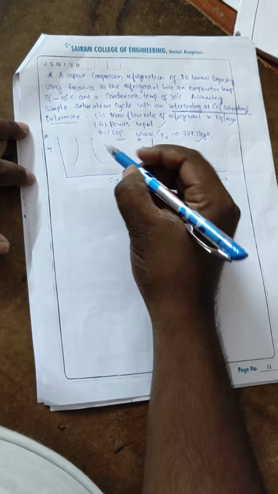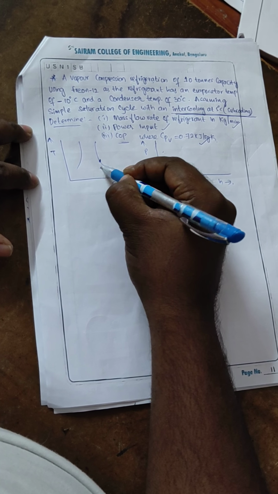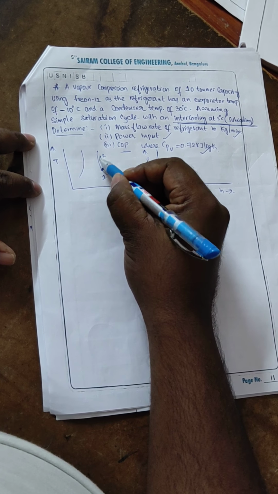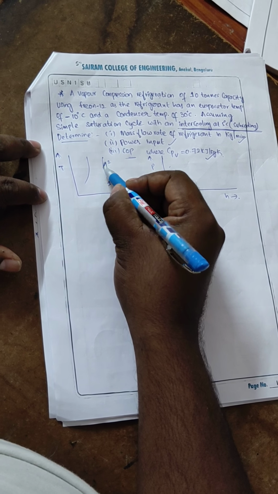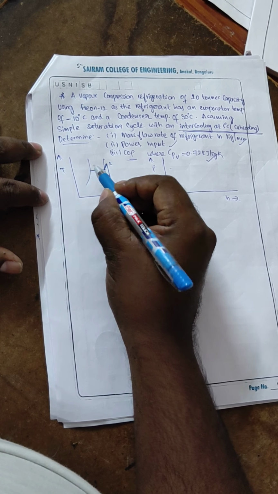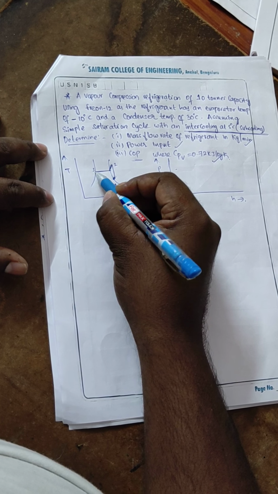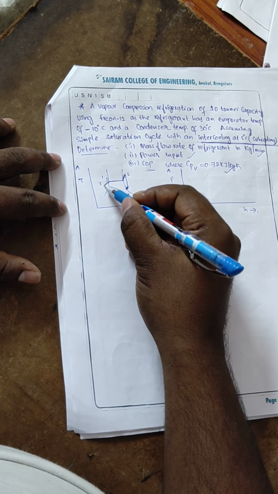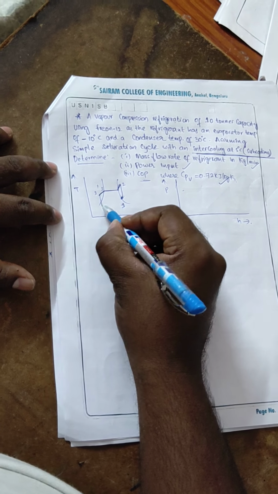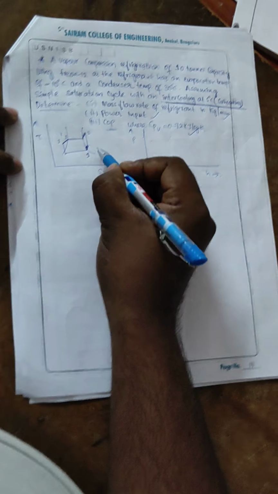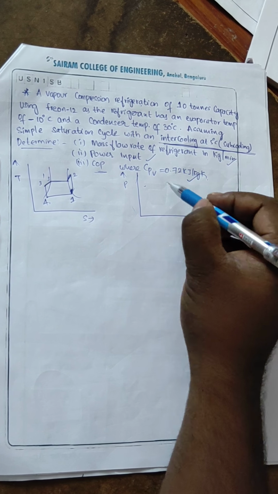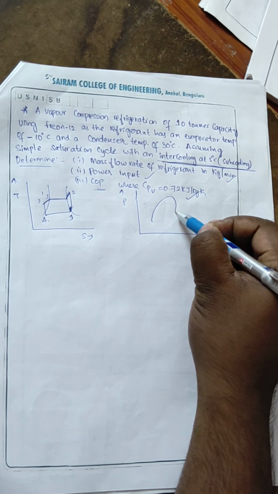It is intercooling, so it will start from dry saturation at point 1, then point 2, and then come back to dry saturation at point 3. After reaching 3 there is a subcooling, so this is 3 dash, and then it will come back to 4, and then it will go to the first region.